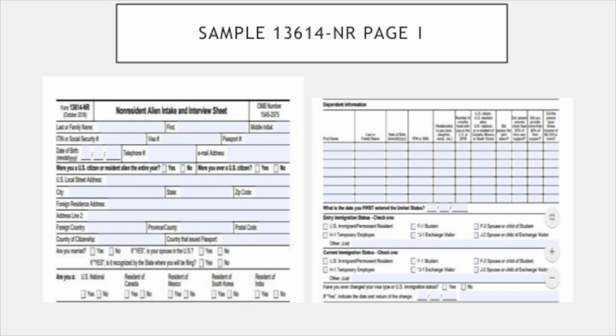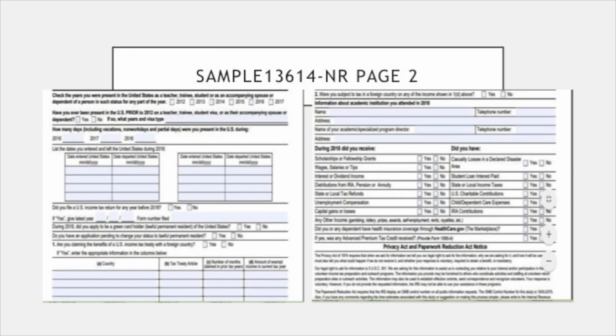You know, what's your name, what's your address, what's your birth date, what country are you from, how long have you been in the United States, what visa are you on, have you ever changed visas, if you have dependents, which is fairly rare, list all the dependents and their information, your current immigration status, which is generally F-1 as a student, how many times you came and departed the United States, if you filed tax returns last year, or in the past, what years were they for, and so forth.